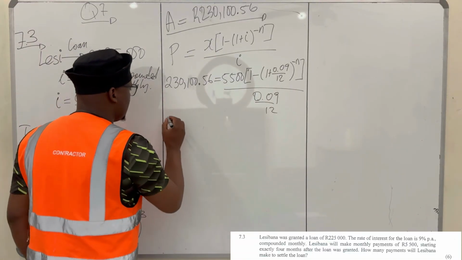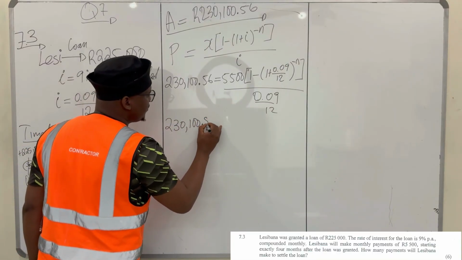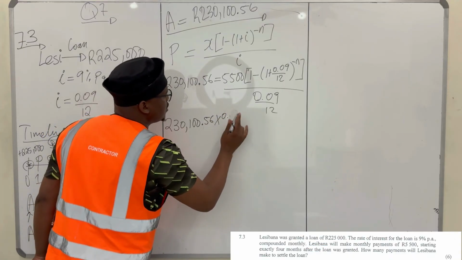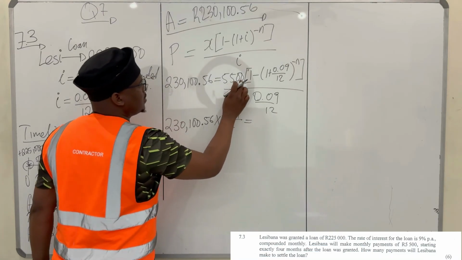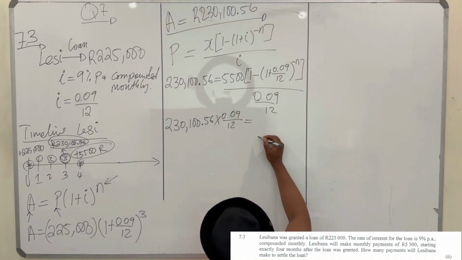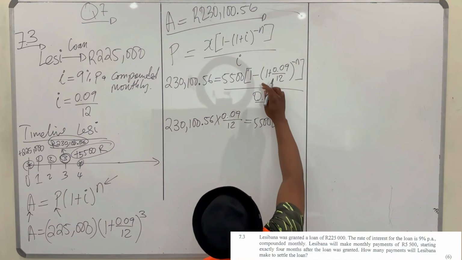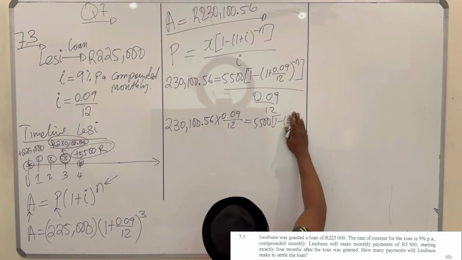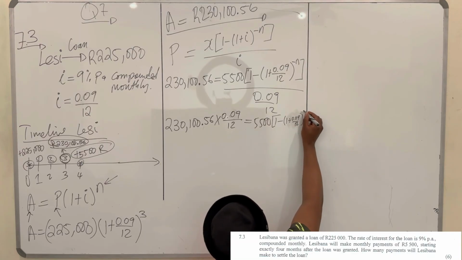So we have 230,000.156 rand times that 9%, 0.09 divided by 12, is equal to 5,500 into (1 minus (1 plus 0.09 over 12) raised negative n).